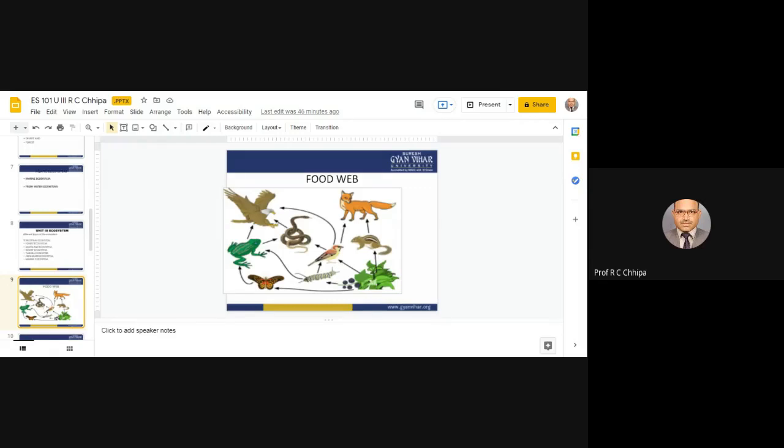Now, this is one of the examples of the food web. How we can say the different producers, the consumers, how we get a food web. Squirrel, birds. Birds eat something, butterfly.